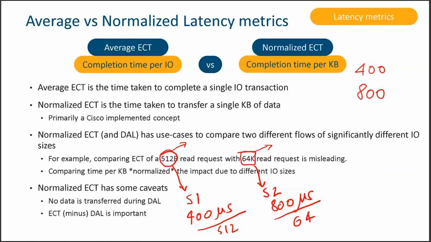Okay, any questions on average versus normalized version of the metrics? Because you see this in SAN Insights. One thing just looking at it, I can see we're using different IO block sizes, multiple samples like that, where you get different ECTs for different block sizes. You can come up with potentially an approximate model, a linear equation, to estimate an application's ECTs based upon the block size used within that environment.